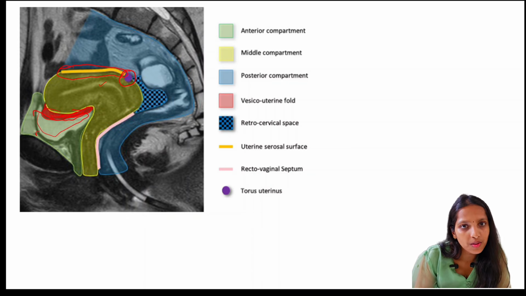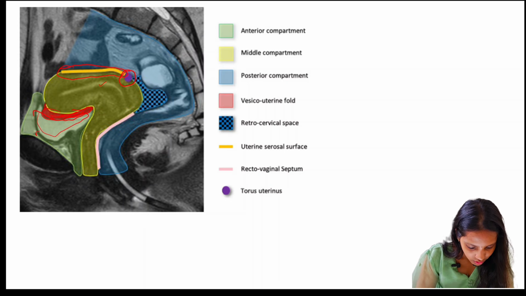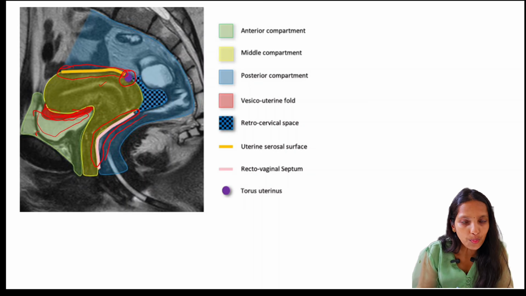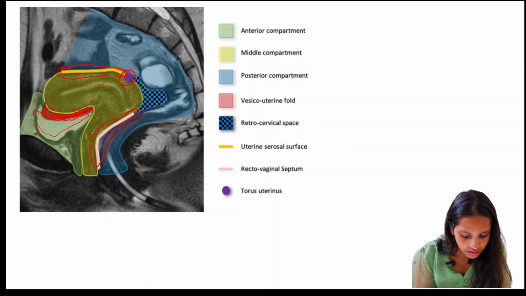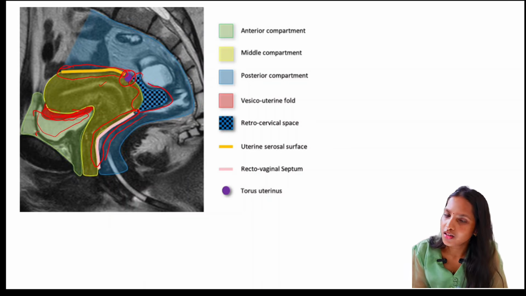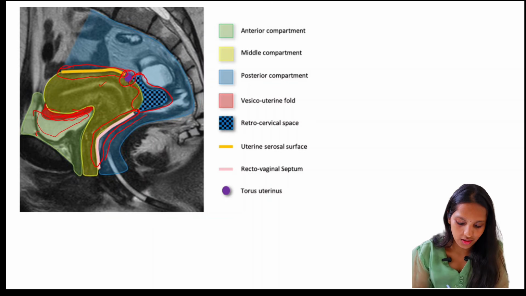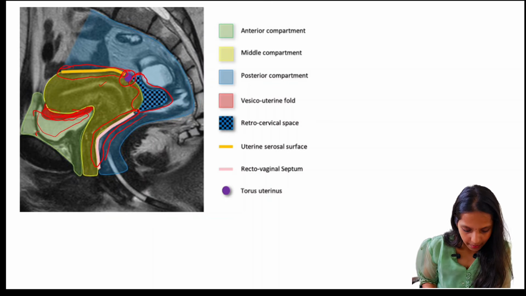The posterior compartment usually comprises the bowel, that is the rectum and the sigmoid, with the rectovaginal septum, described in pink. Another space which is classically missed is the retrocervical space, which acts as a site of deposition for plaques of endometriotic deposits.